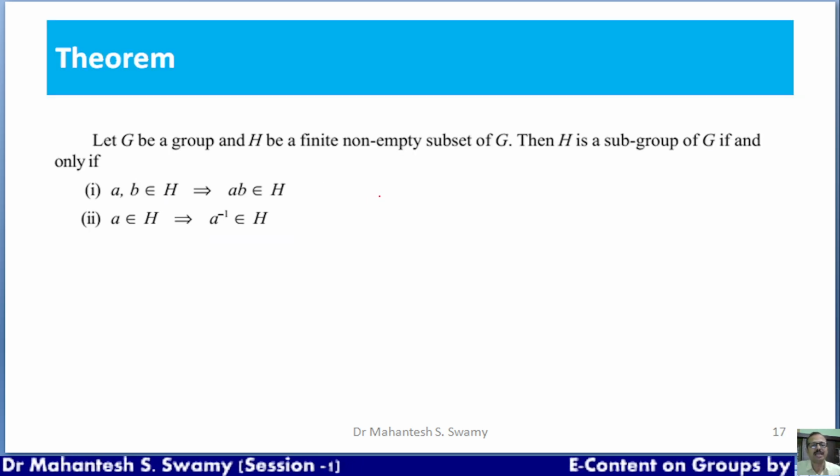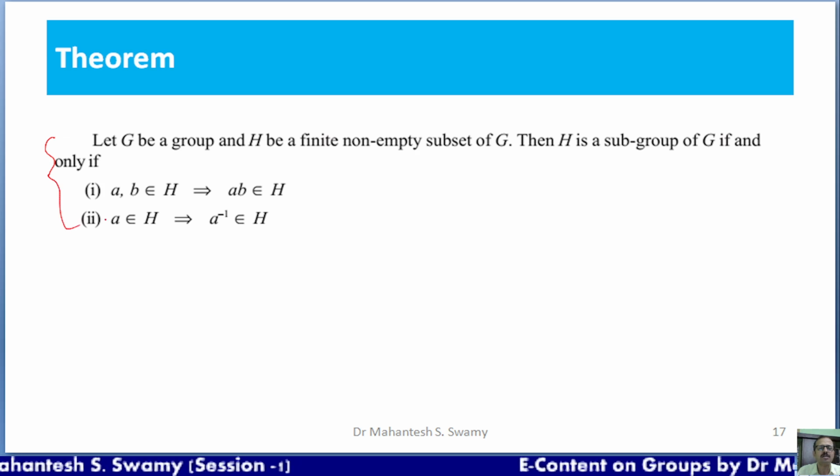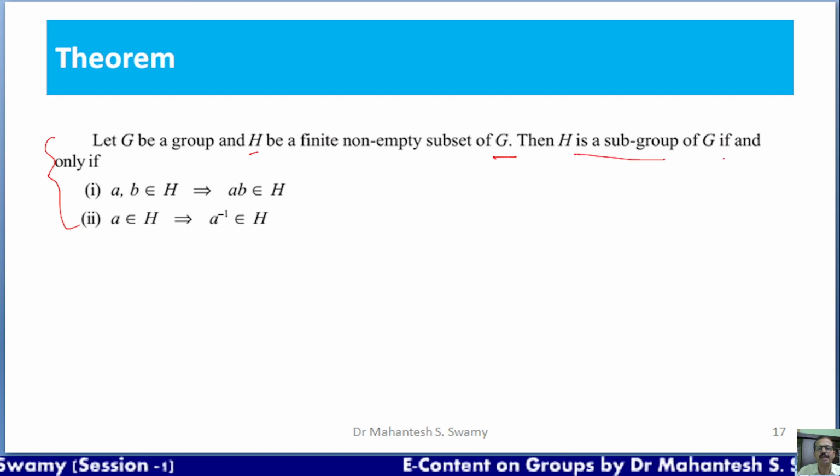Now we have another theorem, which is the refined, the simplified version of the previous theorem, not different. So what is that? If H is any non-empty subset of the group G, H is a subgroup, again, if and only if. So again, it is a necessary and sufficient condition that these two conditions are satisfied.